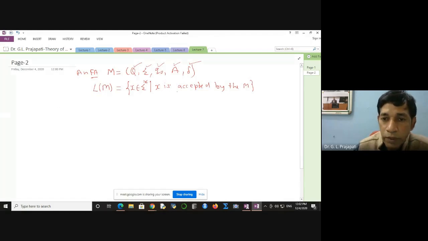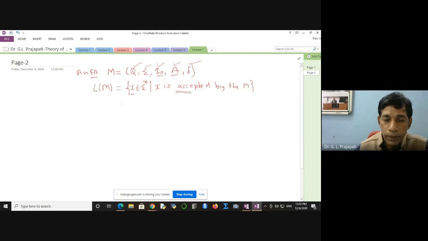X is accepted by M if and only if you start from the initial state, and on receiving the input X, once your input exhausts, your machine ends in any one of the final states. If you have more than one final state, your machine can end up in any one of the final states. There is no problem.